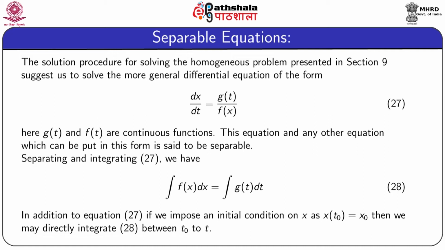Hence, separating the variables and integrating 27, we will have equation number 28, which is integral f x dx equal to integral g t dt. In addition to equation 27, if we impose an initial condition on x as x t0 equal to x0, then we may directly integrate 28 between t0 to t.